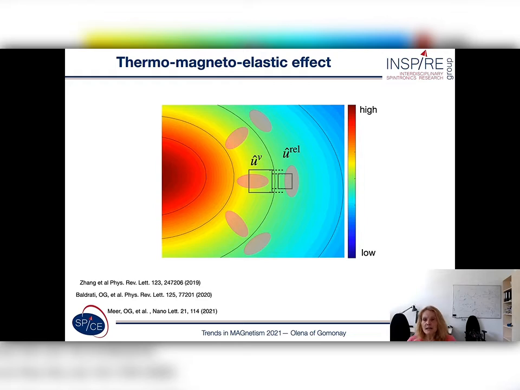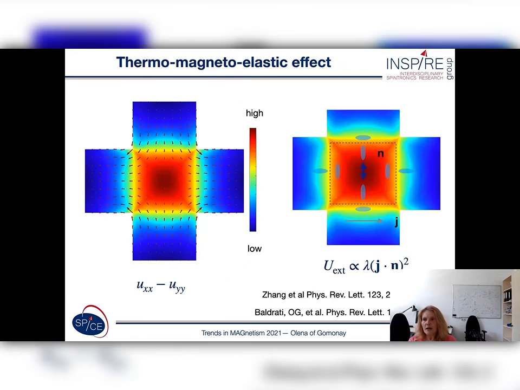In other words, the gradient of such isotropic strains induces additional anisotropy in the system, and as a consequence, additional strains shown as ellipses. If we integrate over the whole region where such strains appear, we find that in the center of the cross, the average strain is anisotropic, favoring a certain direction of the Néel vector, as shown in the right panel.